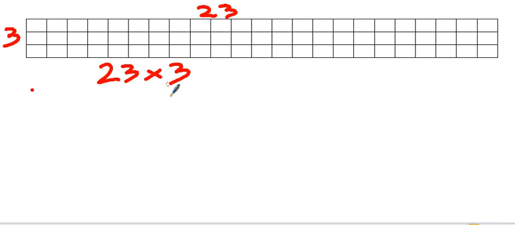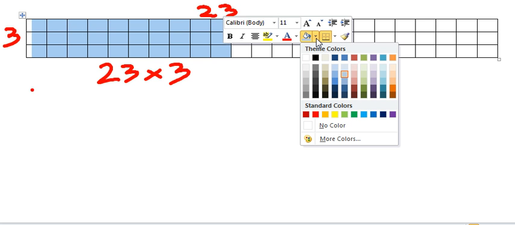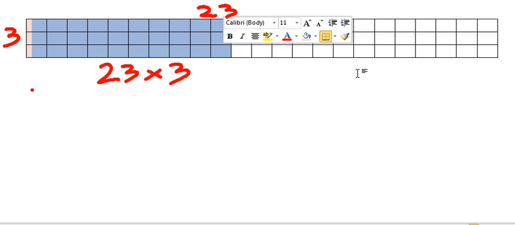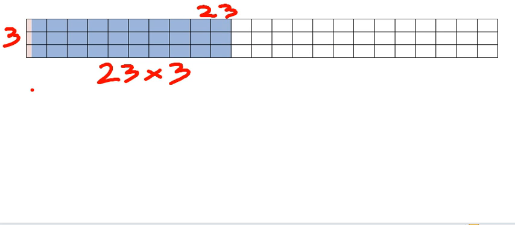Well, just like last time, I'm going to break it into smaller parts. I like multiplying by 10s. So the first one I'm going to do 10: 1, 2, 3, 4, 5, 6, 7, 8, 9, 10. Boom. I'll make it pink or light red.